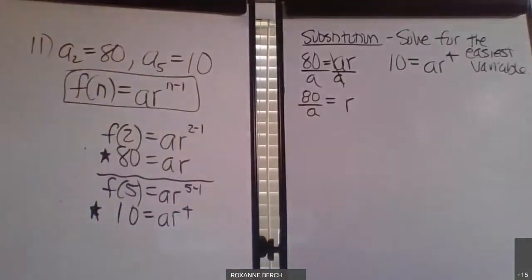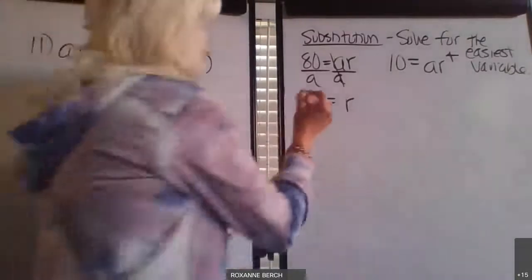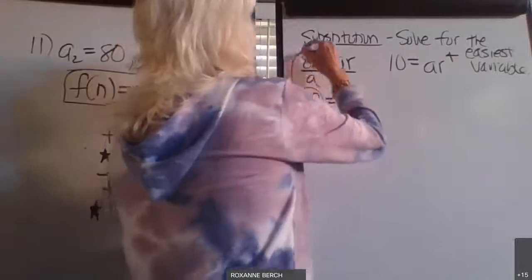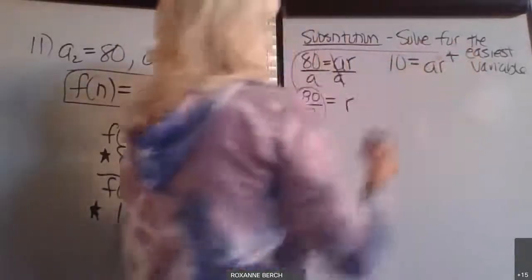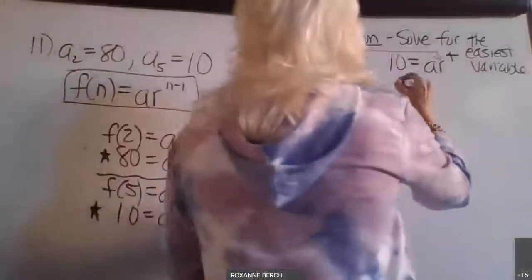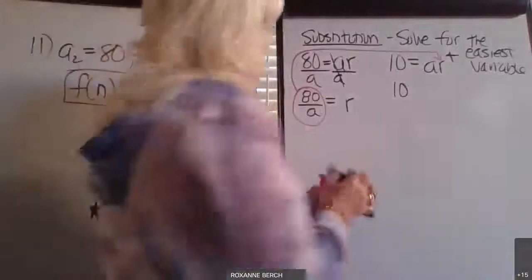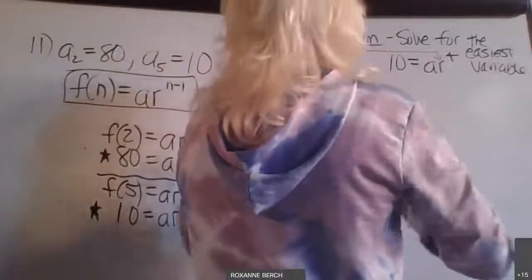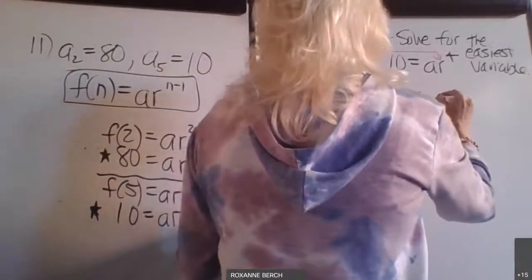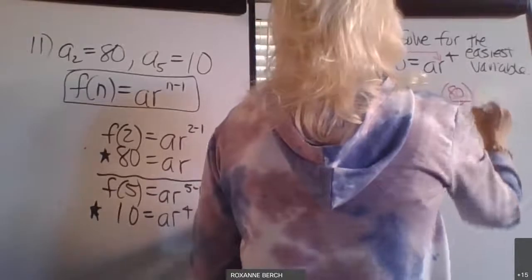Okay, now I'm going to get a different color. Watch what I'm going to do. I'm going to substitute this in for r over here. So I get 10. Let me do it in pink. I get 10 is equal to a times 80 over a, to the 4th.